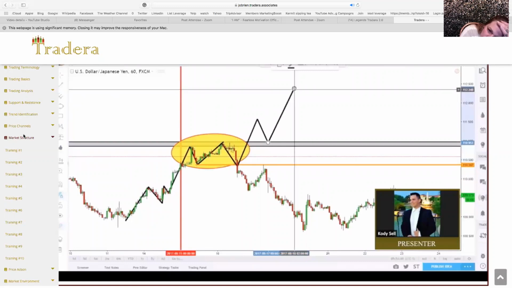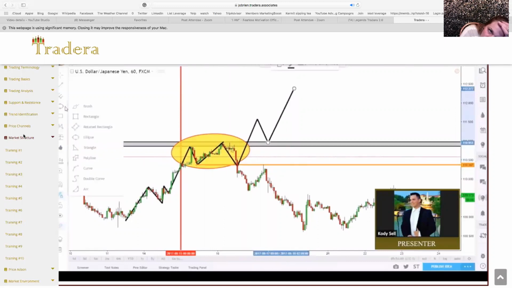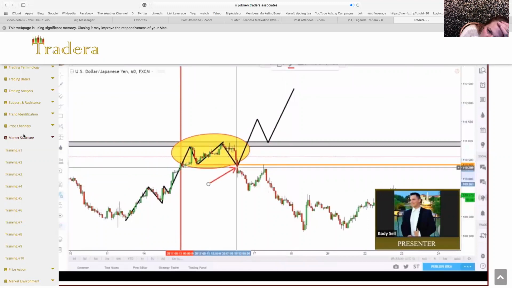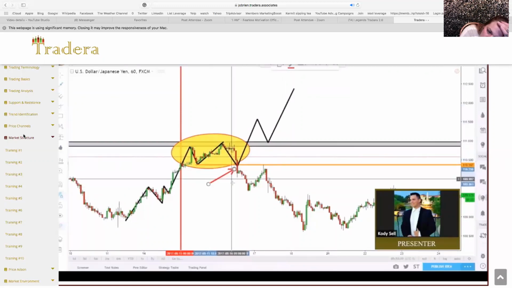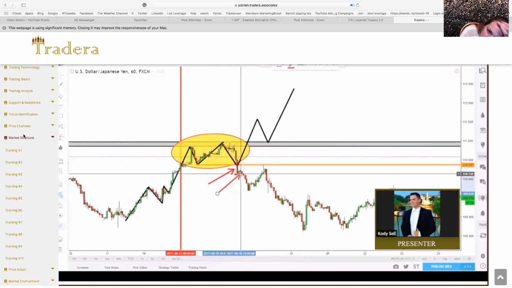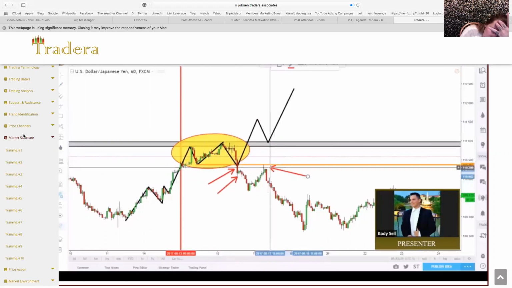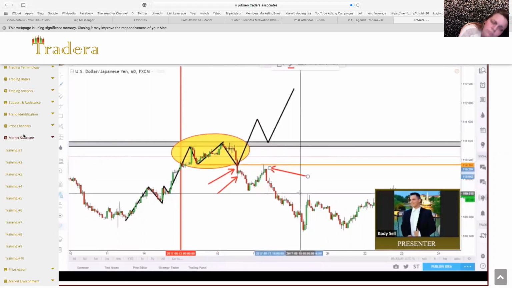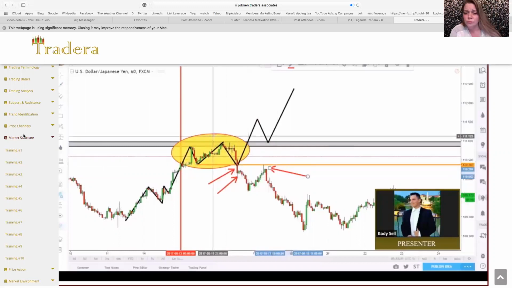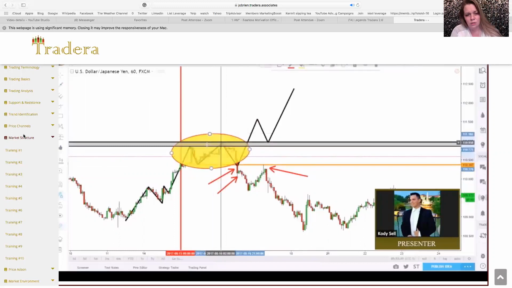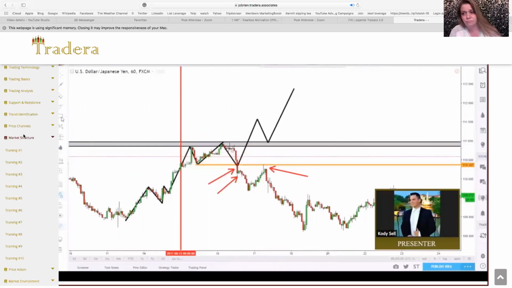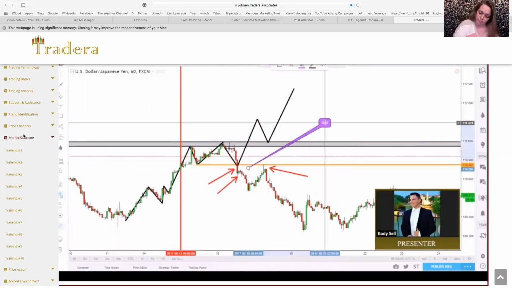The sell trade is confirmed when this level right here breaks, sustains itself, and ideally your entry would be on a perfect retest of the level. So this would be your confirmed sell area, not up here. This is all a risky zone. Your confirmed sell area is in here.